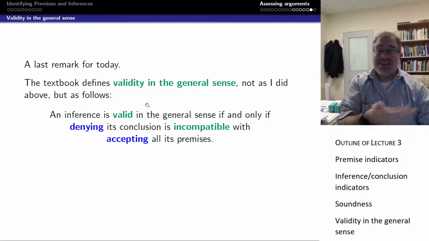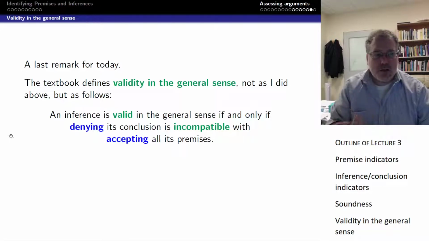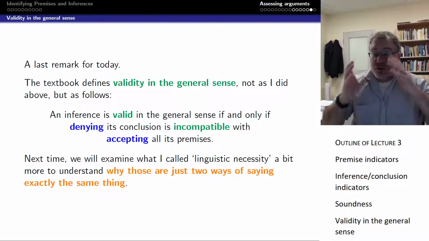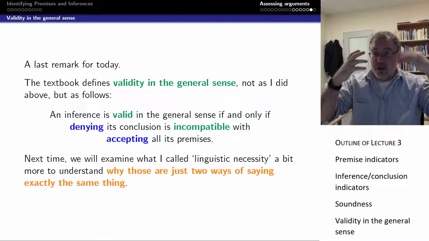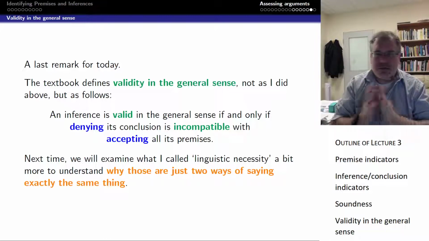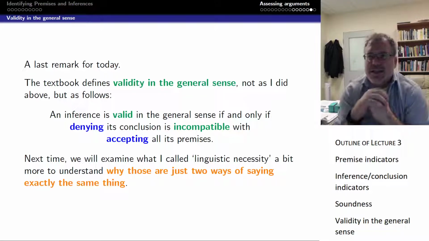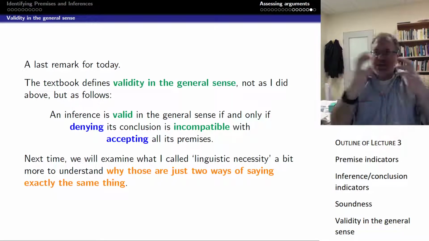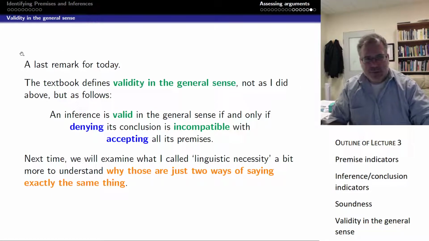And I haven't really talked about the word incompatible at all. So next time, we're going to look at how to use our increasing knowledge of what it means to have a linguistically necessary connection between statements. And we're going to connect what we have said to that particular definition.